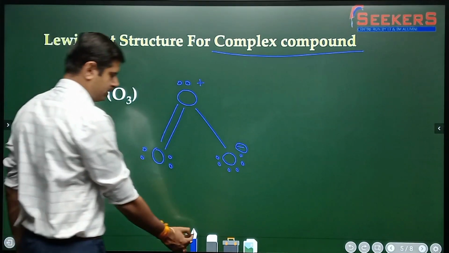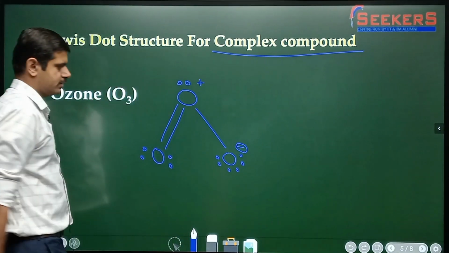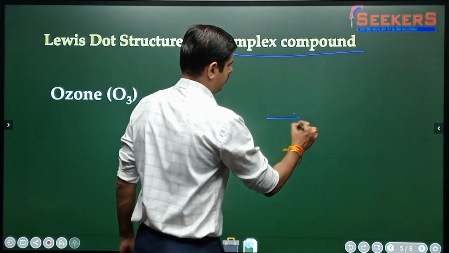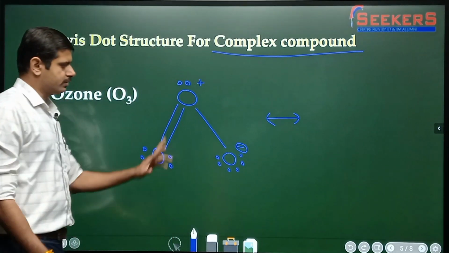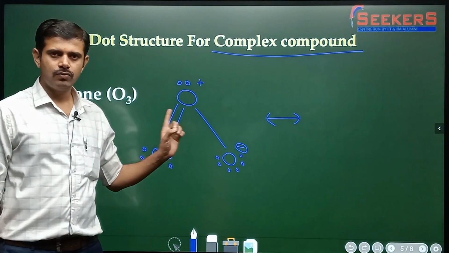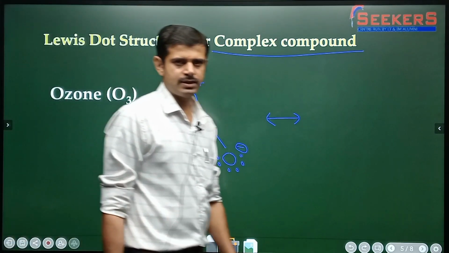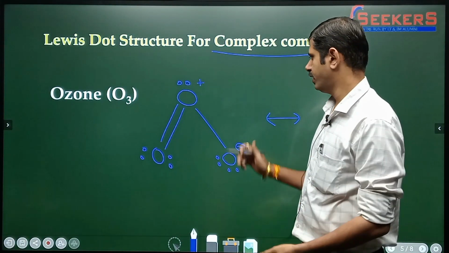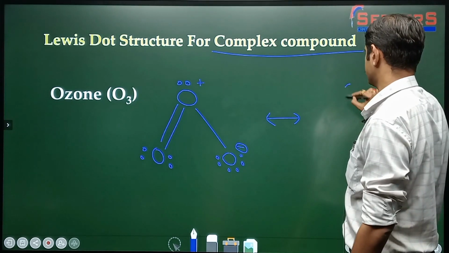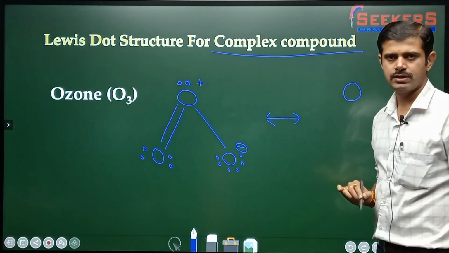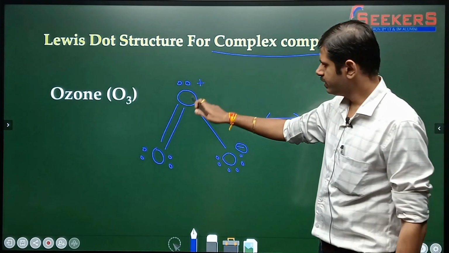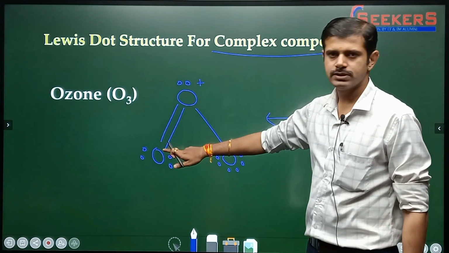Now what happens here? See, what will happen in this case? This is one structure. Now the ozone will have one more resonating structure. Whenever we have ozone, we have another oxygen. Now, see, why is there a double bond only between this and this oxygen?